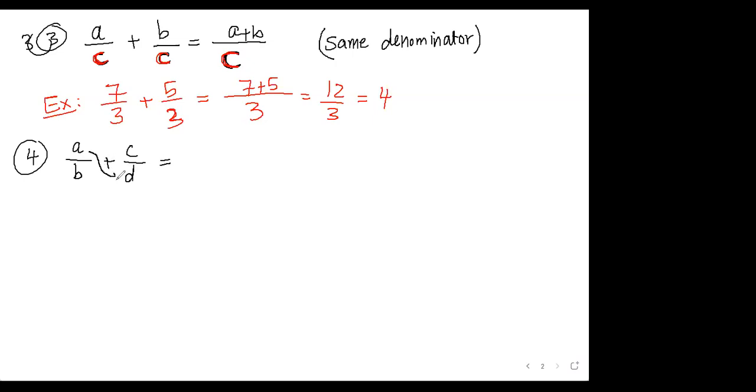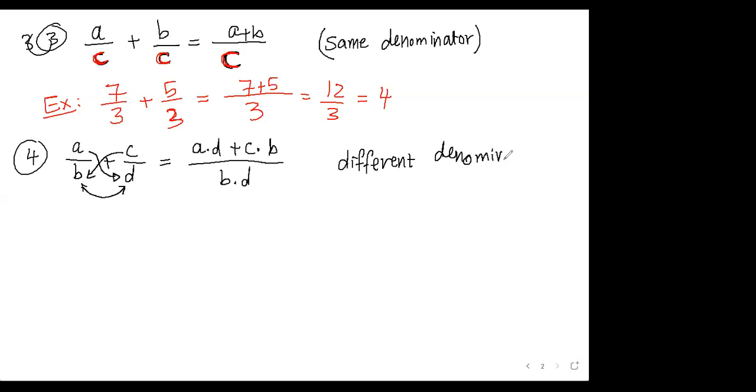We multiply A by D, C by B, and we multiply B by D. So the answer here is A times D plus C times B over B times D. Here, different denominators.